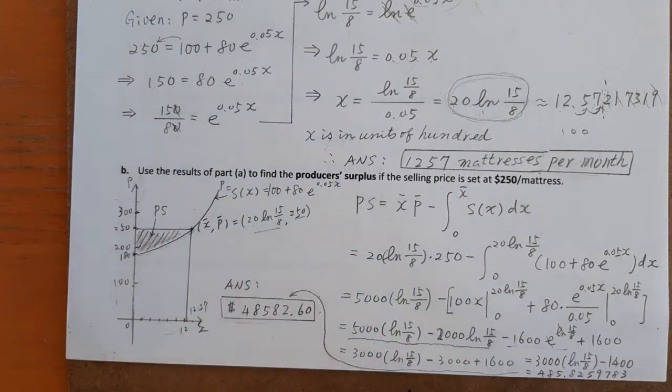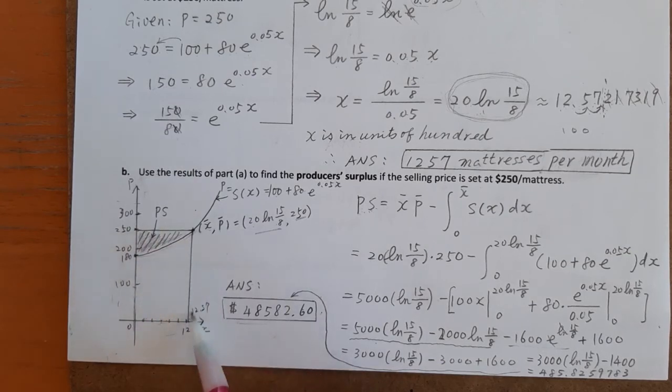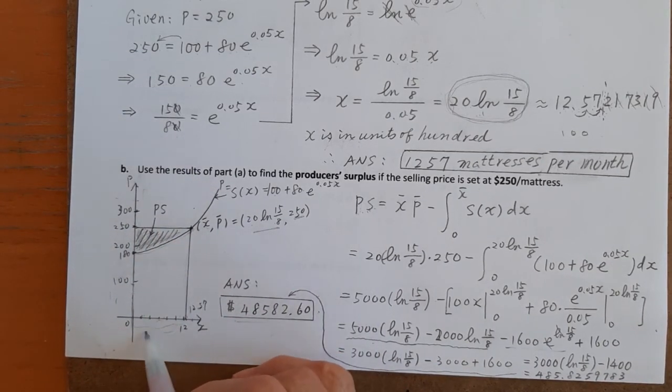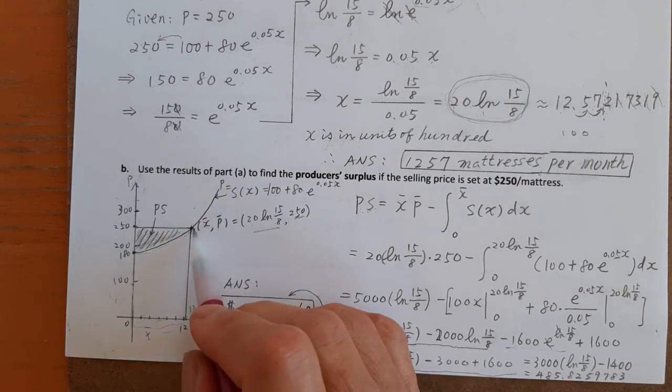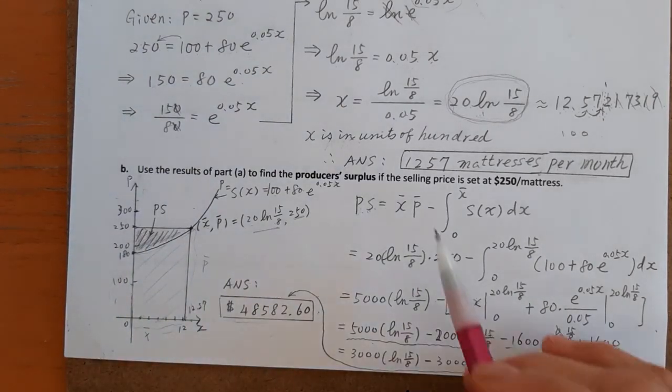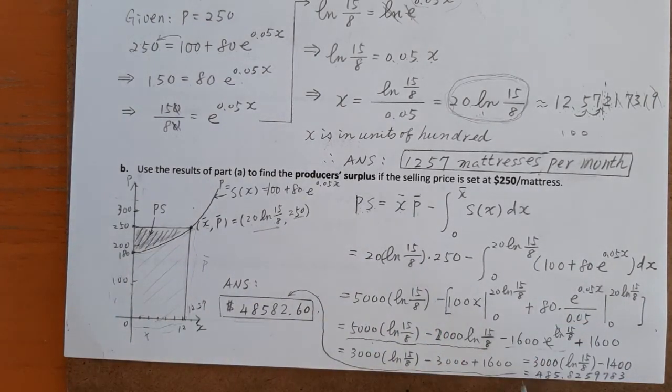Producer surplus, PS, is equal to this rectangle area. The base is X bar and the height is P bar. So this rectangle area is X bar times P bar.